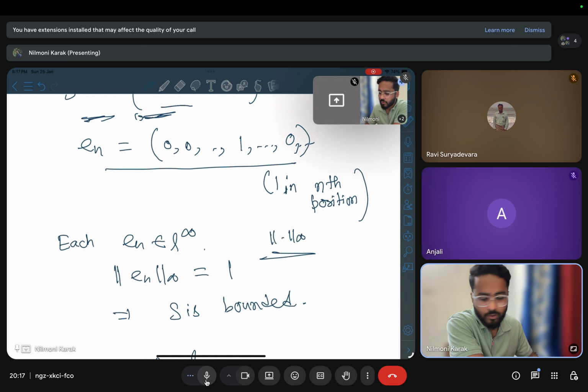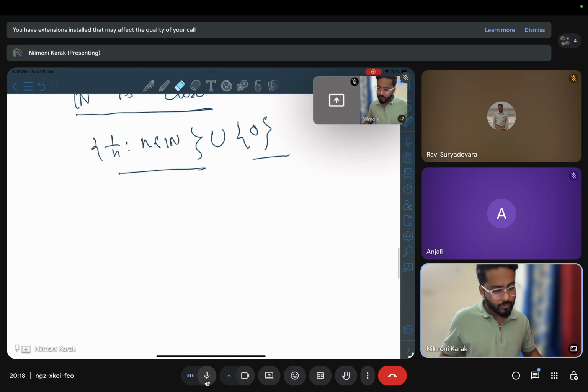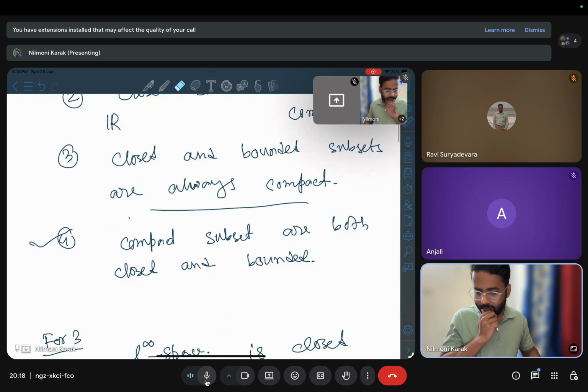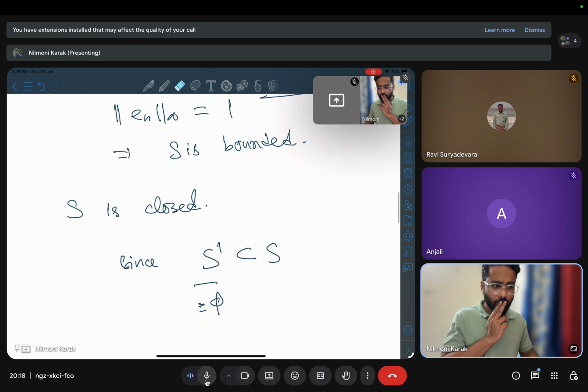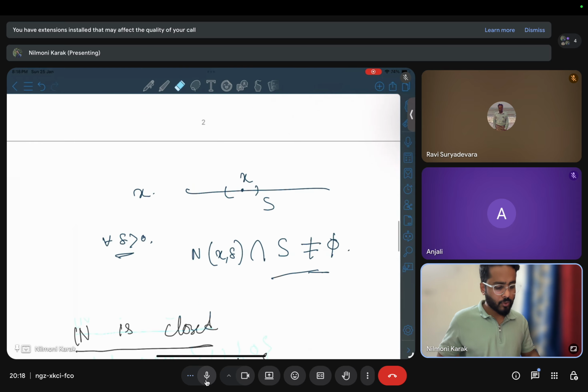And this is not compact. Actually, you can say by no Cauchy sequence exists, because for compact sets, every Cauchy sequence has a convergent subsequence. You may know the theorem.